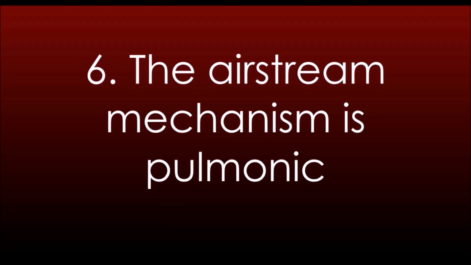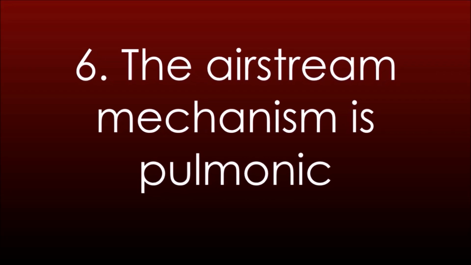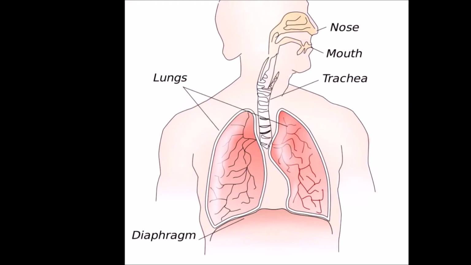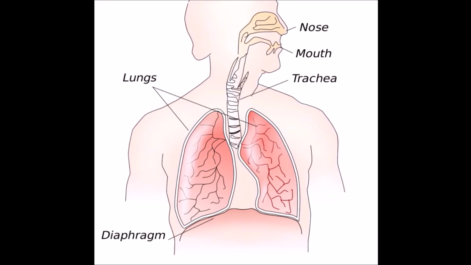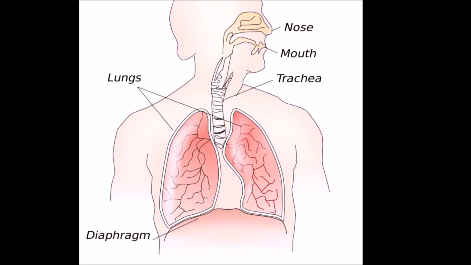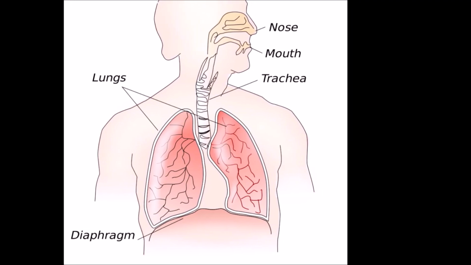The airstream mechanism is pulmonic, which means we articulate it by pushing air solely with the lungs and diaphragm, as in most sounds. So the S is voiceless because we don't use our vocal cords to say it.